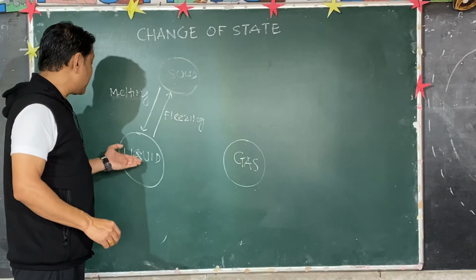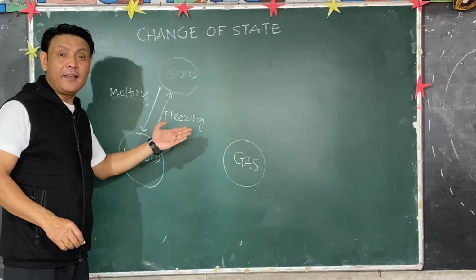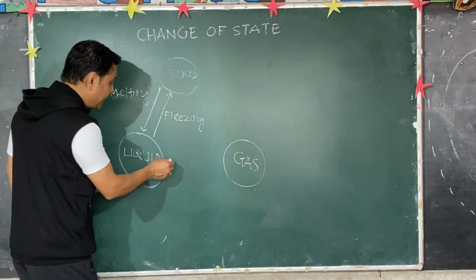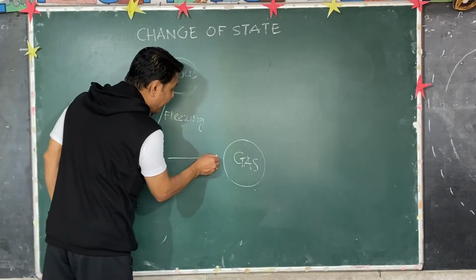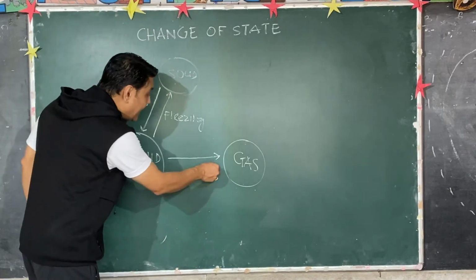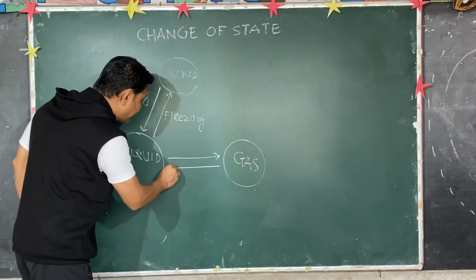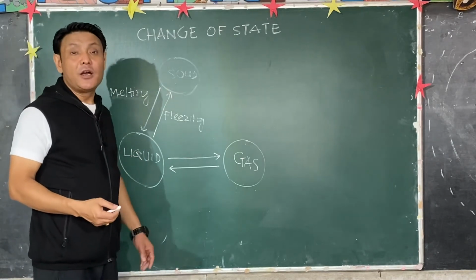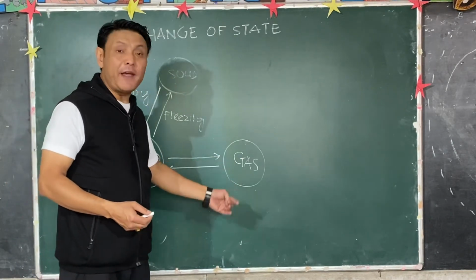Melting and freezing are what change? A physical change. Similarly, liquid changes into gas, and gas changes into liquid. You must have seen when you heat water, it changes into vapor.